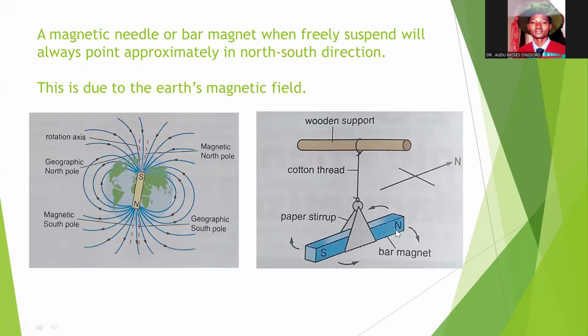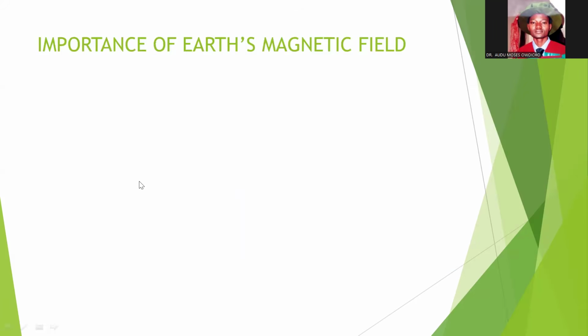So when you suspend the bar magnet, the south pole here will attract the north pole of the suspended bar magnet. Because of the attraction, in line with the law of magnetism, whenever a bar magnet is suspended freely, it normally points in a south-north direction due to the effect of the Earth's magnetic field.